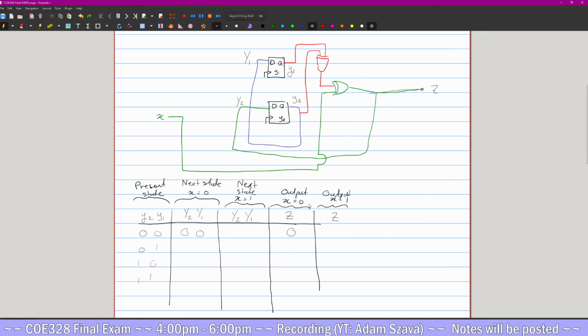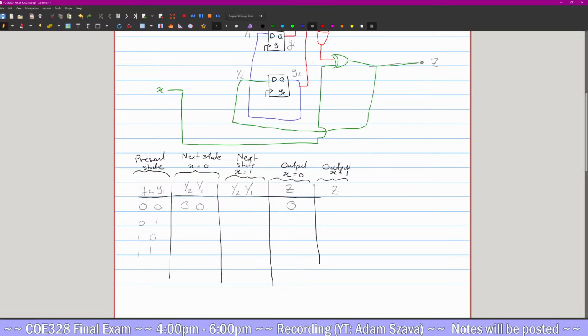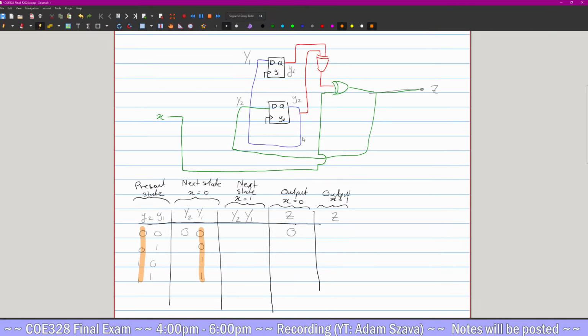So we can keep that in mind, just matching these columns. Then this column here will be the same as this output.